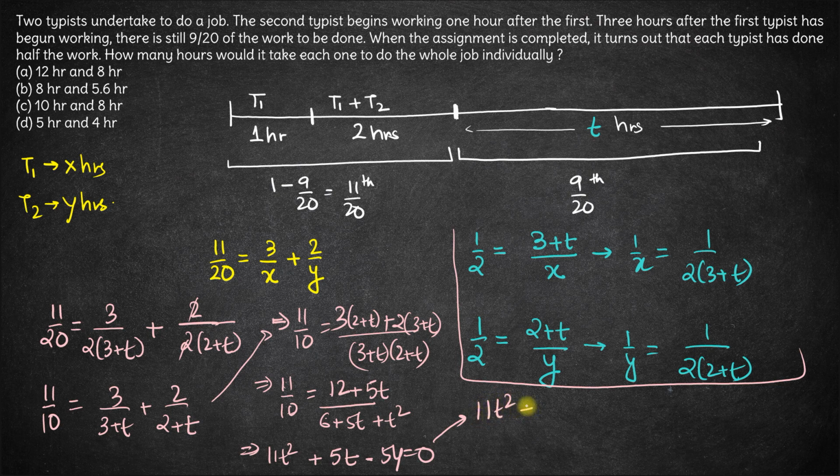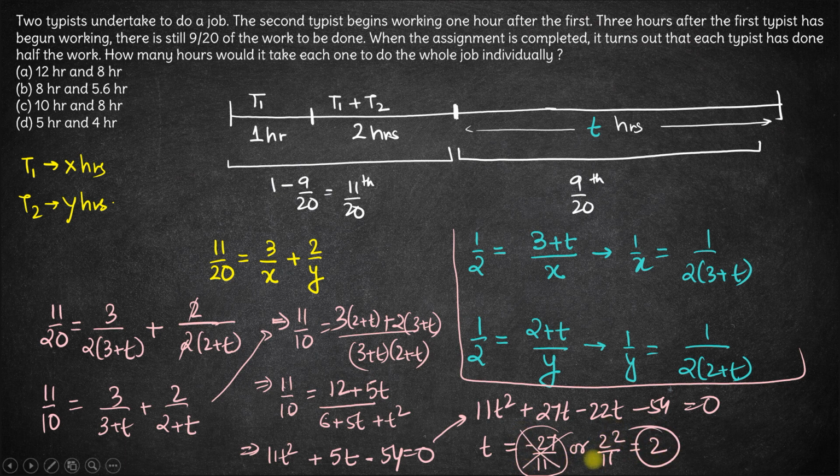So this will be 11t square plus 27t minus 22t minus 54 is equal to 0. And once you do the whole factorization, t will come out to be minus 27 by 11 or plus 22 by 11. Obviously t cannot be negative, so this is rejected. t must be equal to 22 by 11, which is 2 hours. t is equal to 2 hours here.